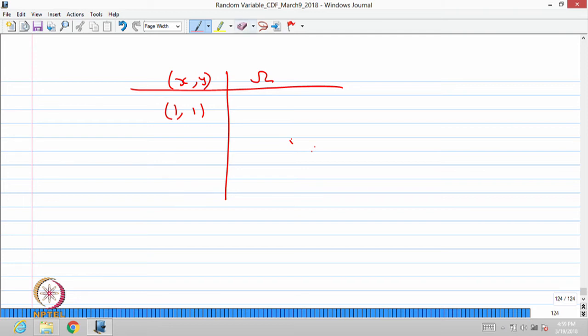That means the number of heads is 1 and the absolute difference of the number of heads and tails is also 1. That means the possible outcomes from the omega are head, tail, tail, or tail, head, tail, or tail, tail, head. All these 3 possibilities give the value of x comma y as 1 comma 1.